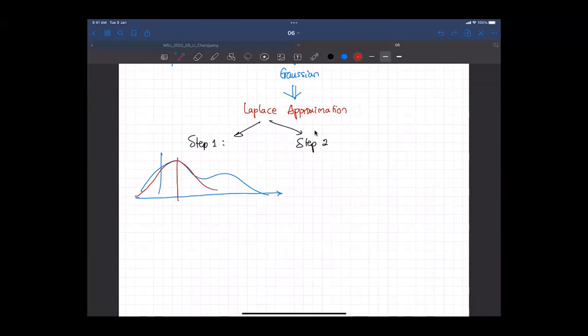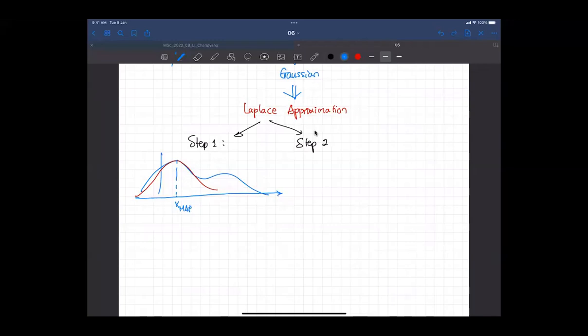That one is called x0, for example, or in this case, you can call it xMAP, because we know later on that this is the xMAP.